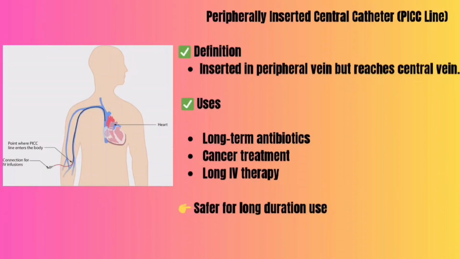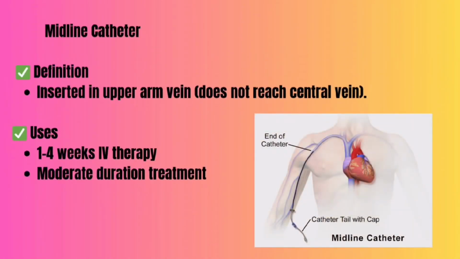Next is the midline catheter. This is the midline catheter definition: it's inserted in an upper arm vein but doesn't reach the central vein. As you can see in this diagram, the midline catheter is inserted through the upper arm vein but doesn't reach the central vein. The midline catheter is used for 1 to 4 weeks of IV therapy, long-term IV fluids and medications, and moderate duration treatment.